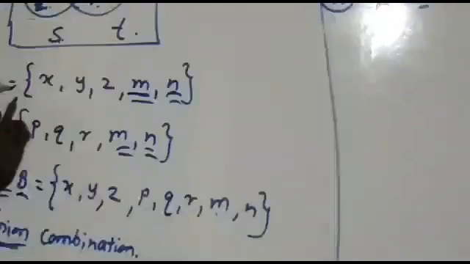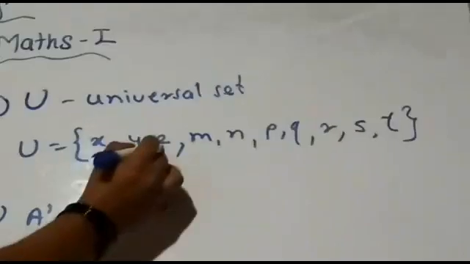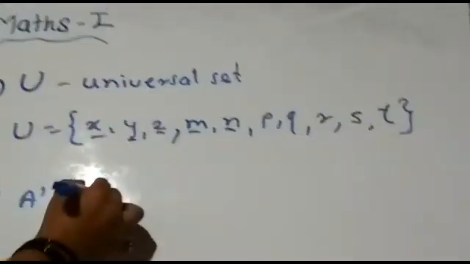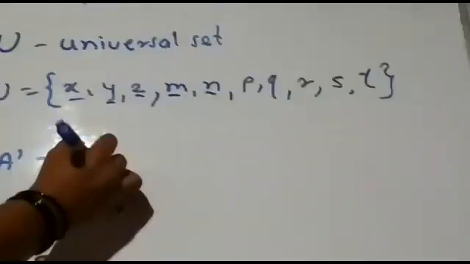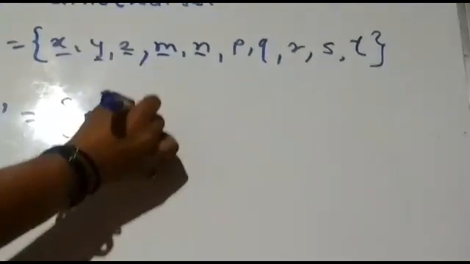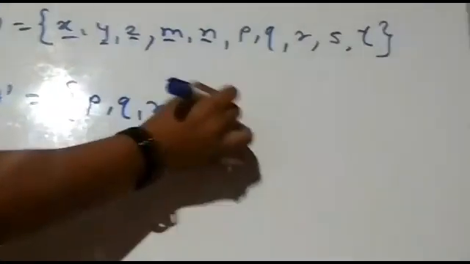In A set, A is equal to X, Y, Z, M, N. These elements we remove from the U set, means remove X, Y, Z, M, N. Then the remaining elements we write in set A complement: P, Q, R, S and T. This is the A complement set.